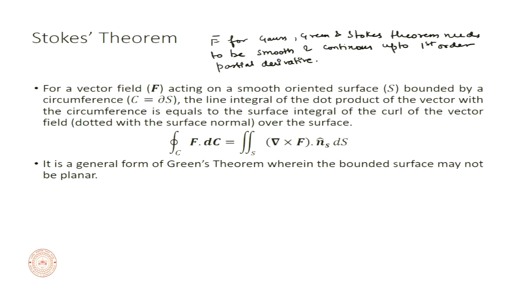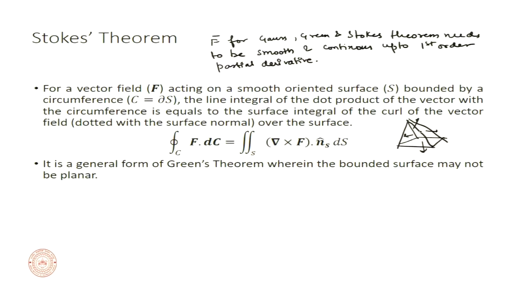All right. So, taking the same f vector, now instead of a 2D surface, we have a 3D surface. So, we have 3 dimensions. Let us take a pyramid, something like this. We have this plane, this is another plane, there is a back plane, and then there is a bottom plane.